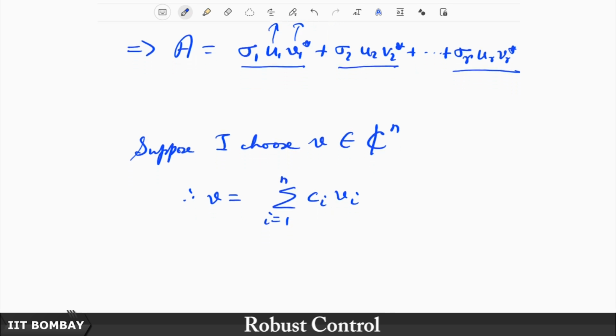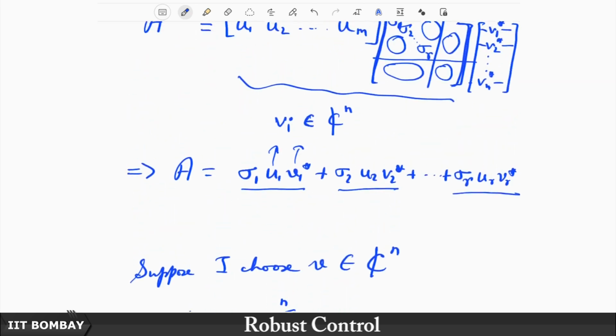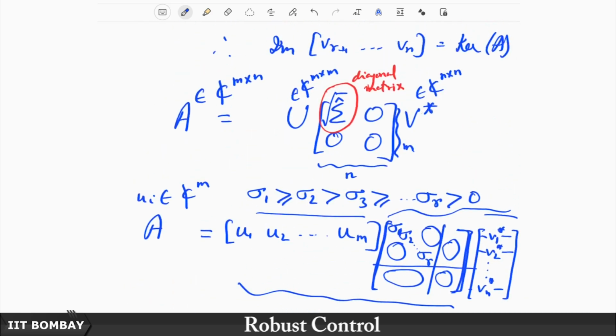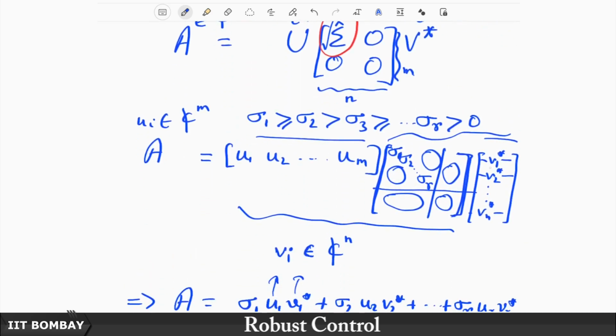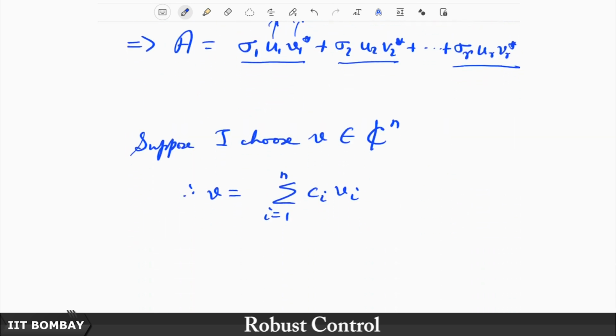It is an n dimensional vector space, so you need n elements in the basis, and we precisely choose the columns of the V matrix, not the V star, which are essentially the transpose conjugates of each of these individual rows here that you see. So, those as the basis.